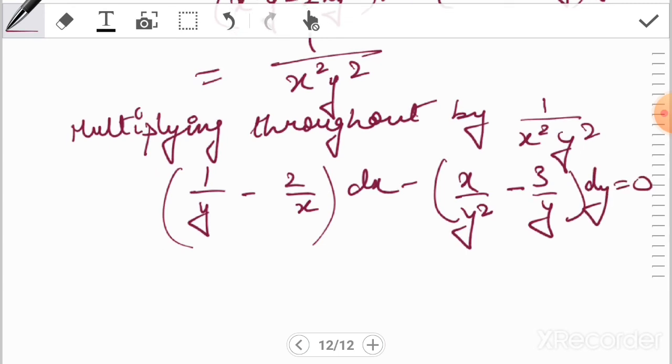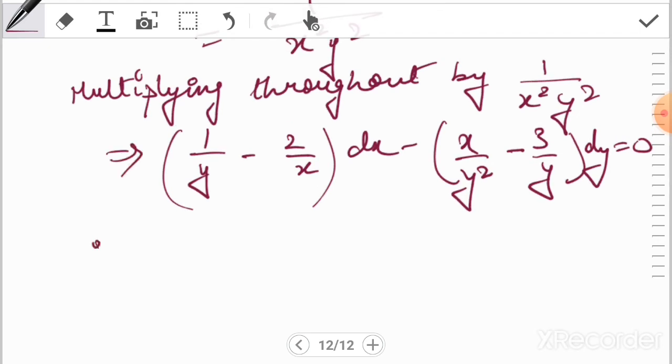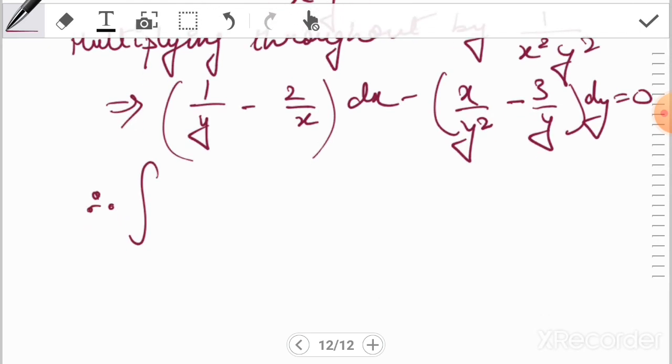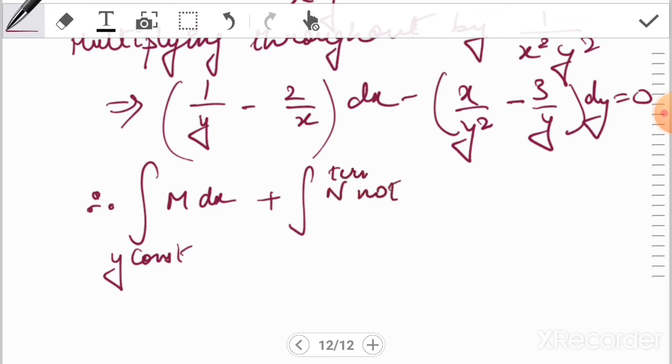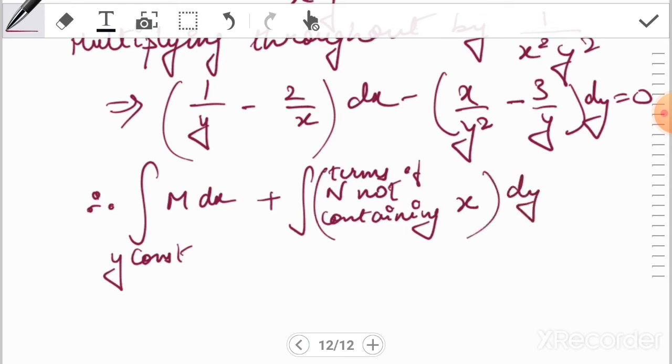Now the solution, we know the solution of an exact equation is integral of M dx keeping y as constant, plus integral of the terms of N not containing x, dy, is equal to 0.